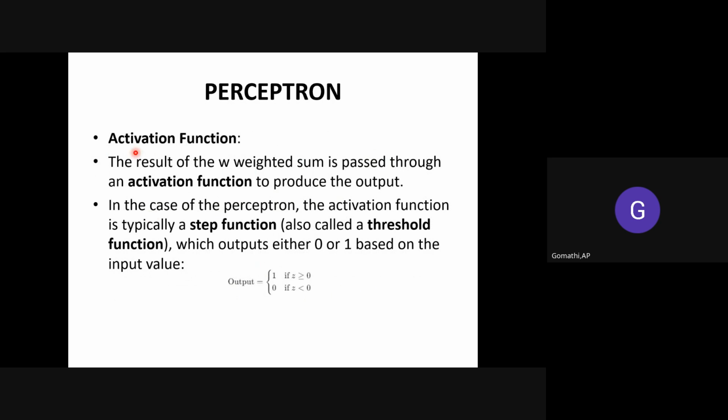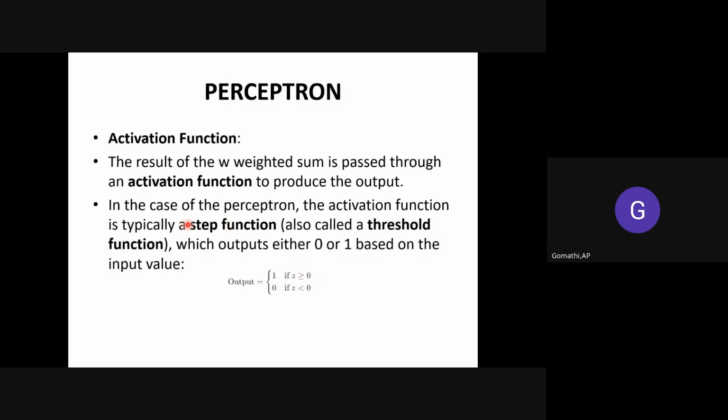Next one is the activation function. Already we have discussed it here. If the weighted sum is greater than or equal to the threshold, the output is 1, that is class A. And if the weighted sum is less than the threshold, the output is 0. So this is the activation function.